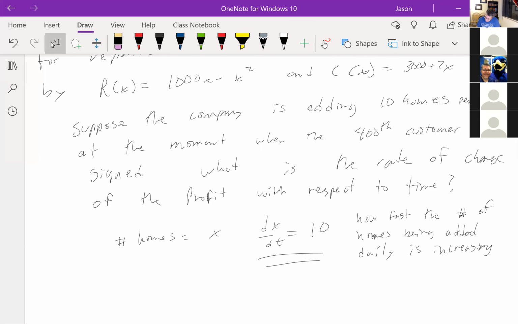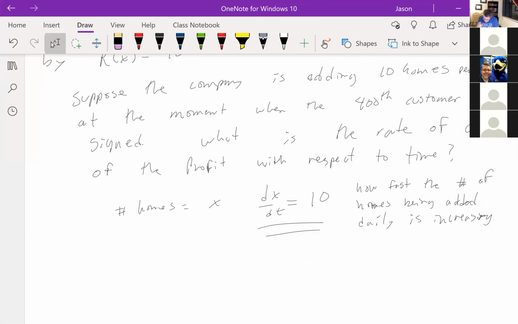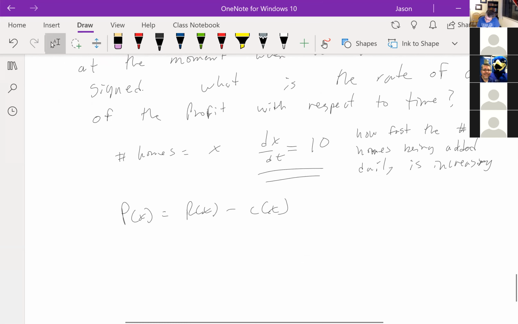We want to find out how fast the profit is changing. Profit P of x is equal to R of x minus C of x. So what was R of x? R of x was 1,000x minus x squared.